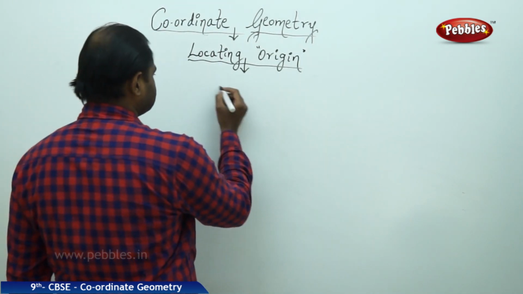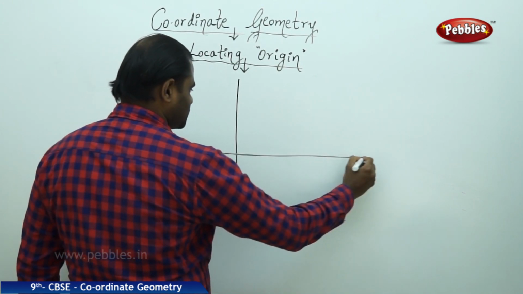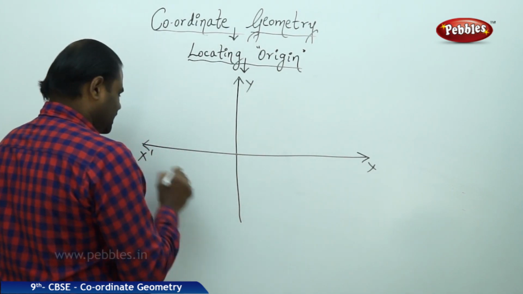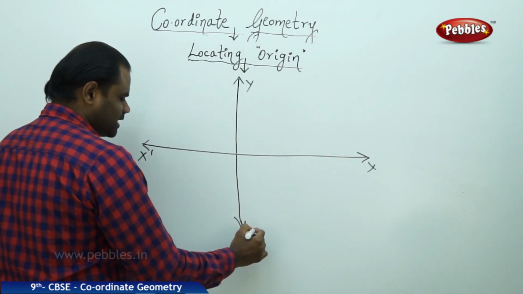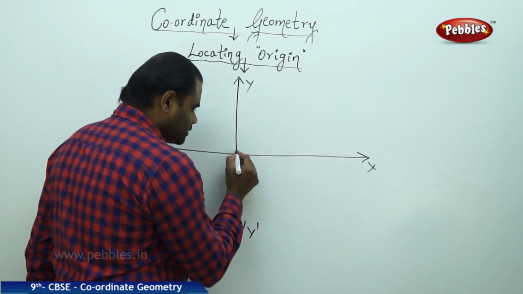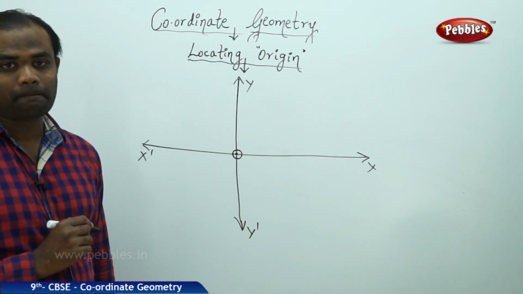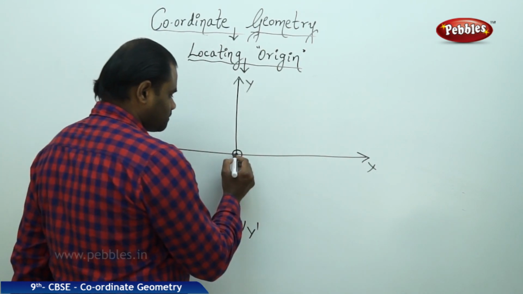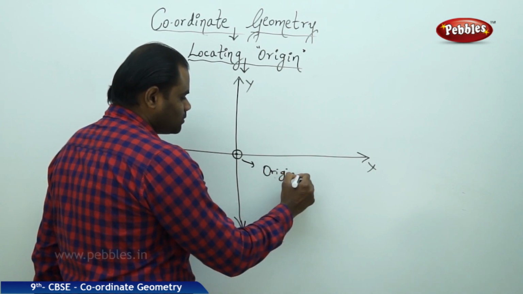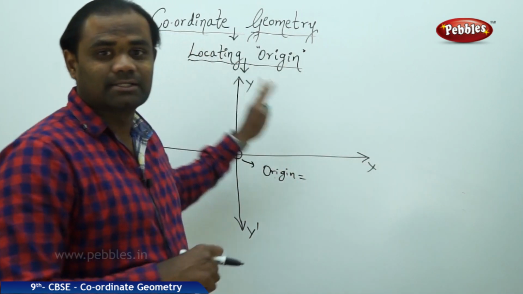As we know, the origin is the point of intersection of the horizontal and the vertical axis. I have these axes as XX dash and YY dash, which intersect at this point, and this is the point which refers to the origin, denoted by O. Generally, the coordinates for the origin are equally important because this point also lies in the Cartesian system.